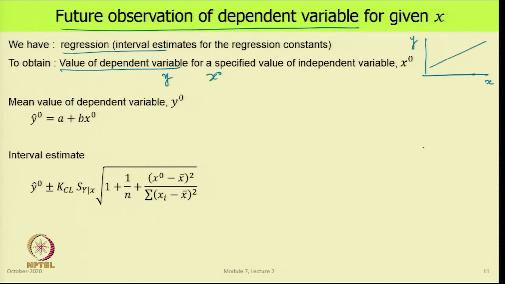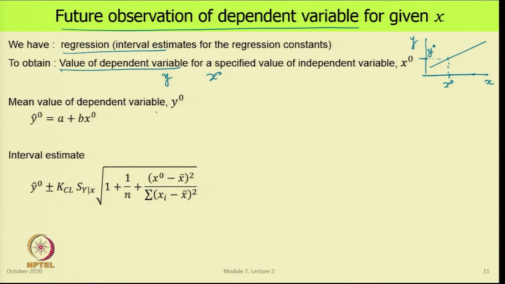Of course, the regression constants had uncertainty. Then we picked up some value x 0, and using this value x 0, we went to our regression line and got this value y 0. So, what is this mean value and what is its uncertainty? That is what we will look at now.